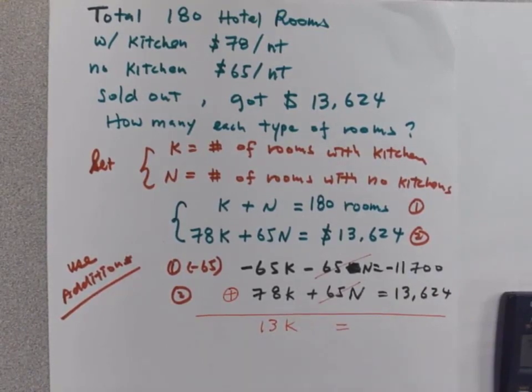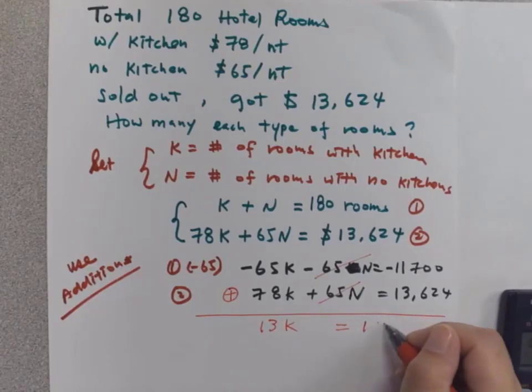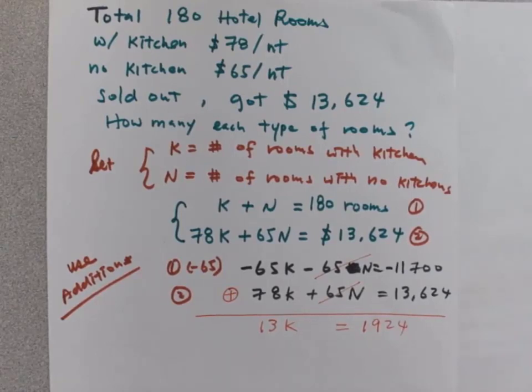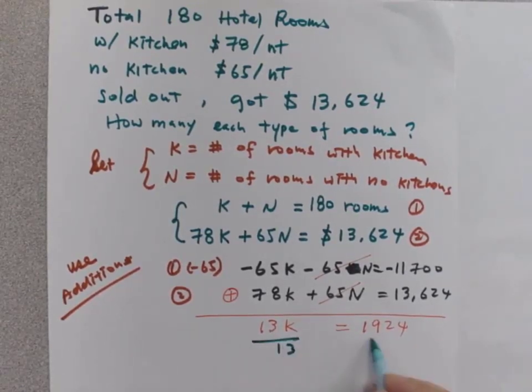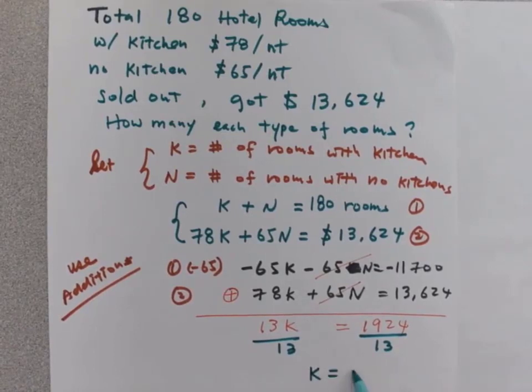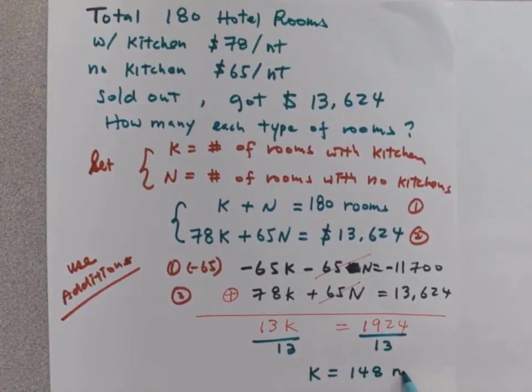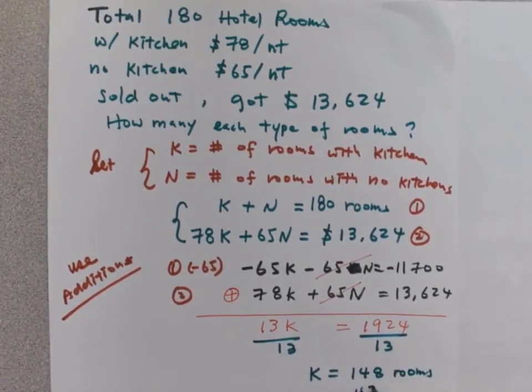Equal to 1,924. Okay, got it. And then we will divide by 13. Divide by 13, what do we get? K equal to 148 rooms with kitchens, right?